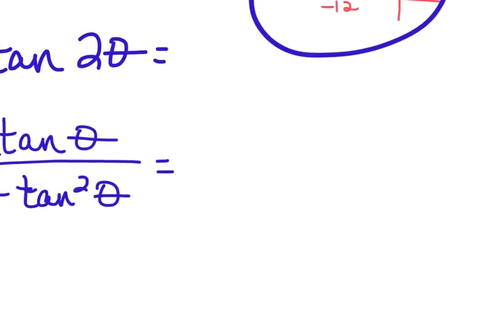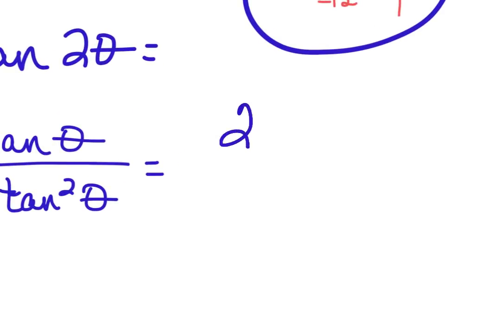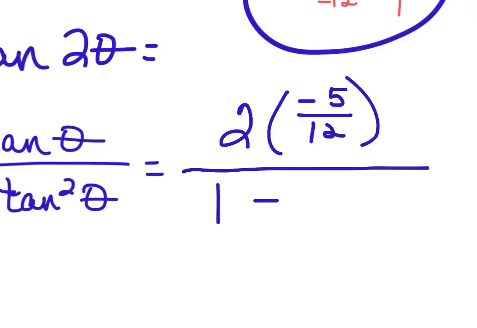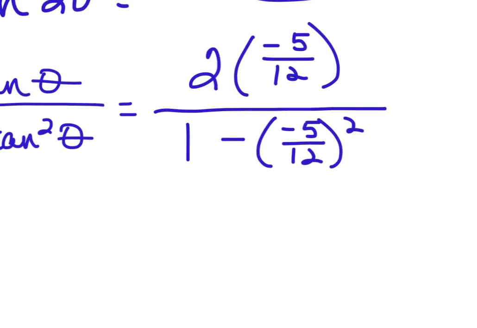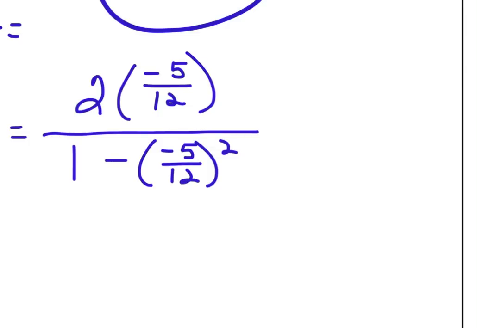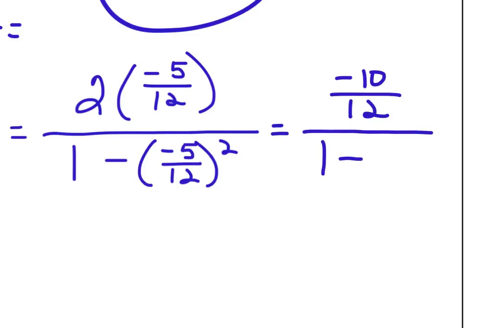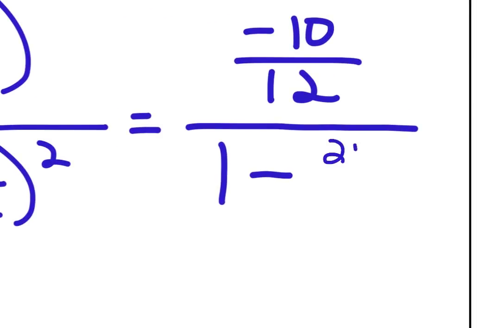And so I'm going to substitute that in here. 2 times negative 5/12 over 1 minus negative 5/12 squared. That gives me negative 10/12 over 1 minus 25 over 144.